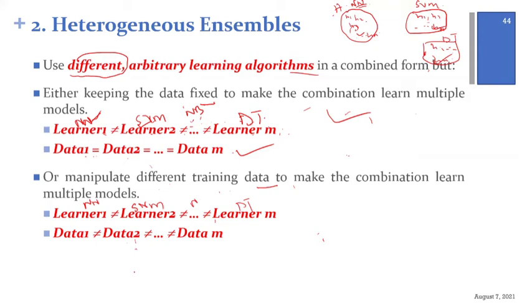You are making sure that the algorithms are different, and at the same time, you're also making sure that even though the algorithms are different, the data set that is entering each algorithm is also different from one another. So this one is going to take more time compared to the other one. But then, hopefully, we arrive at a better result.